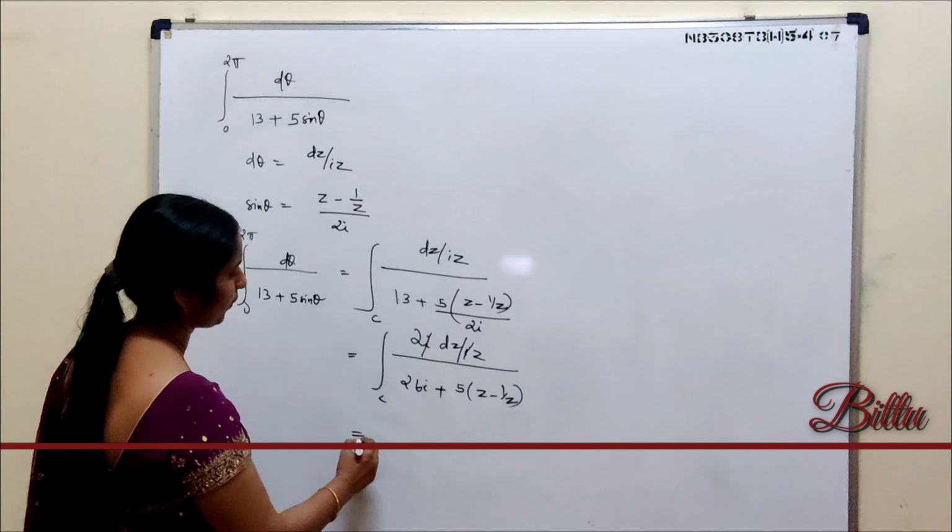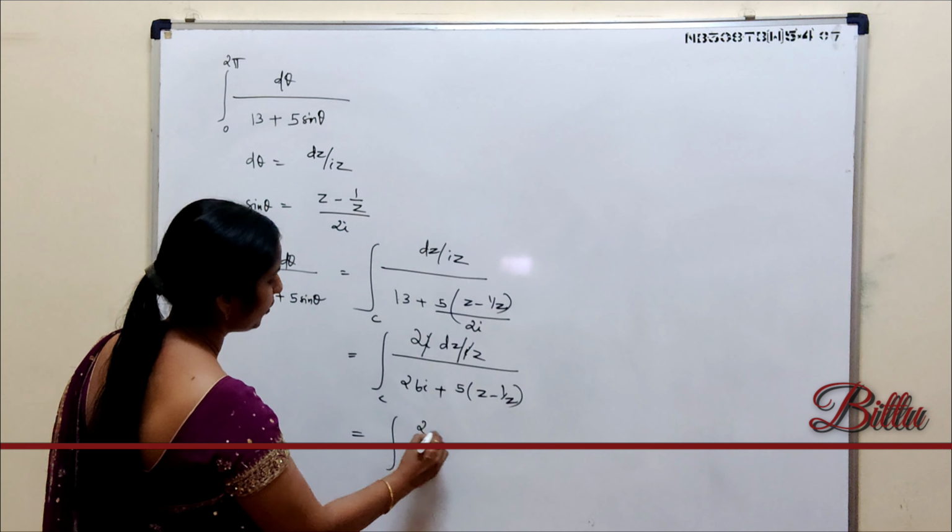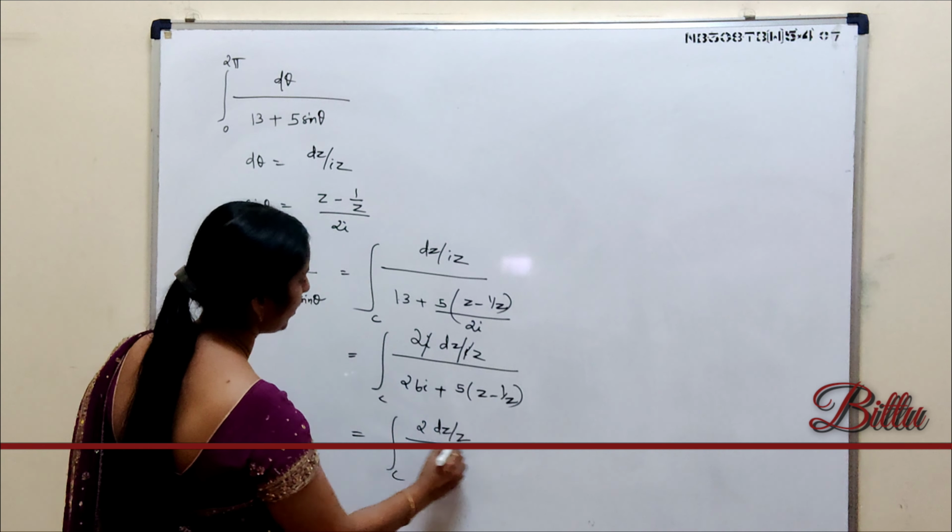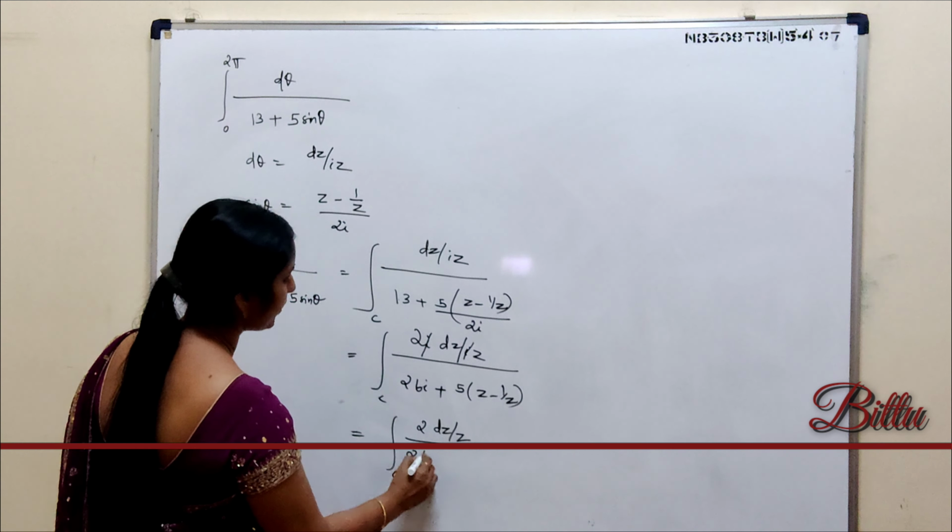It is integral over c 2 dz by z by 26i plus 5 into z minus 1 by z. Next I take LCM, this is z. So it is integral over c 2 dz by z by 26 zi plus 5 z square minus 1 whole divided by z. This z will cancel with this z.